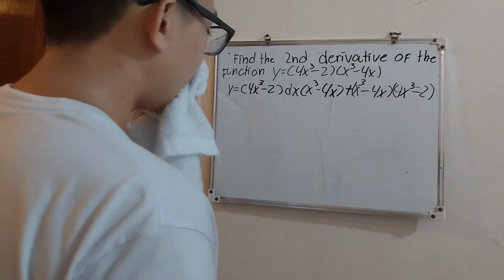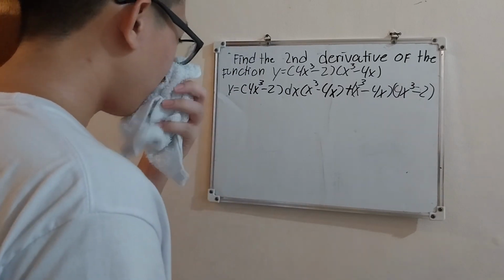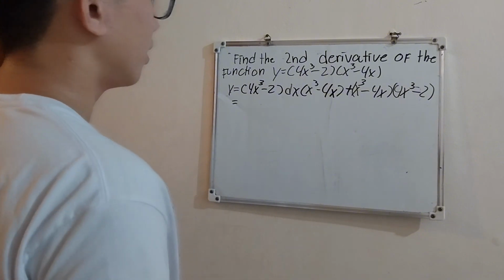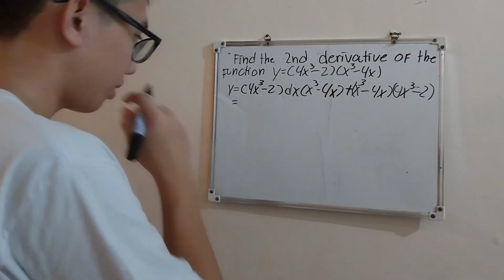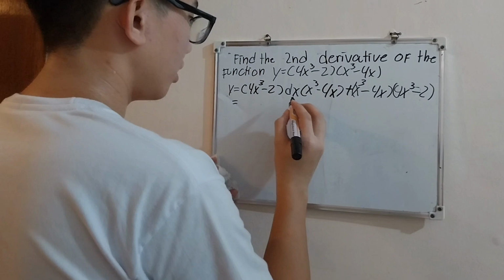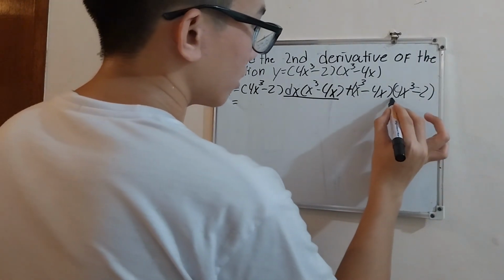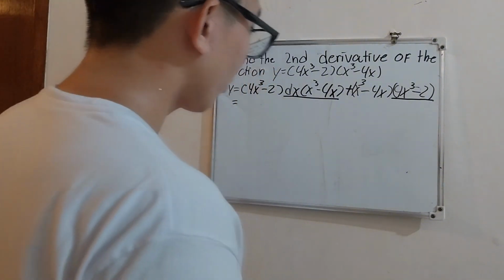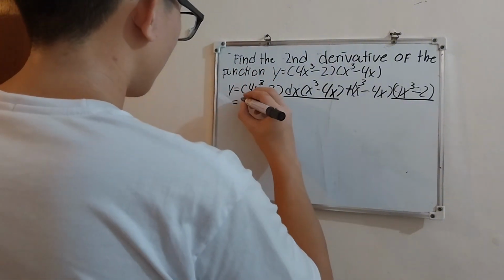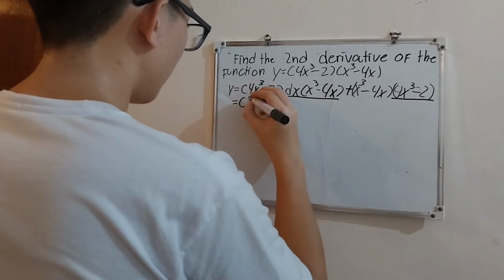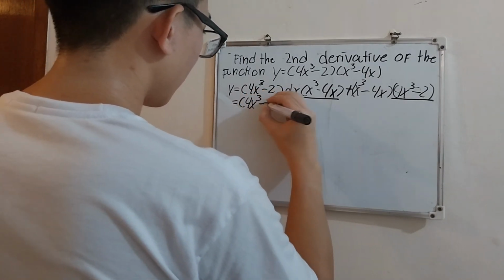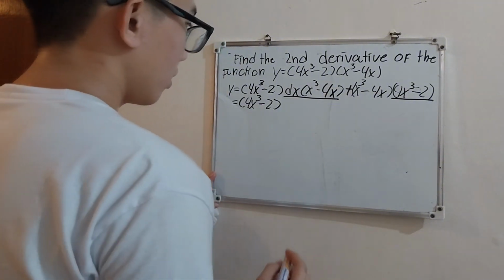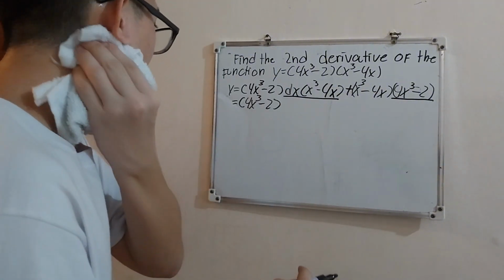After you differentiate them, you can now simplify the derivative. First we bring down our 4x cubed minus 2, then simplify our derivative.